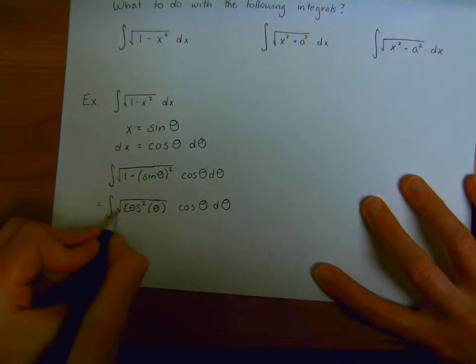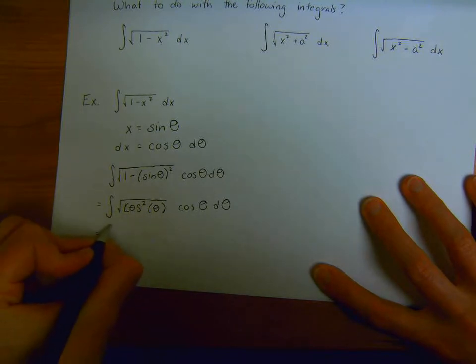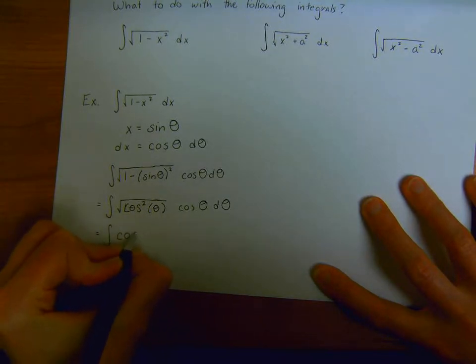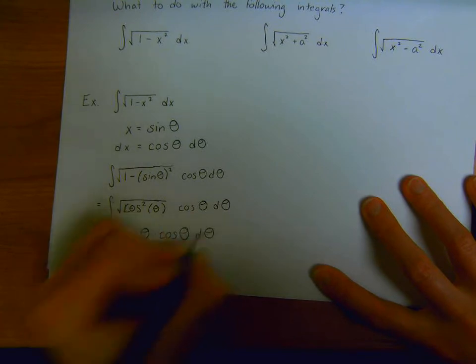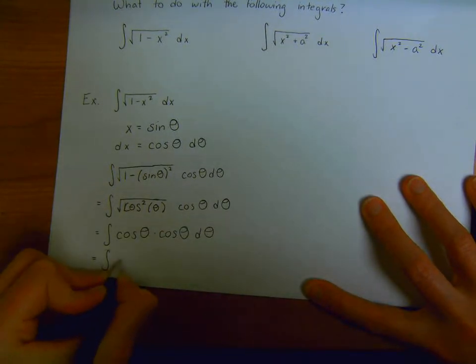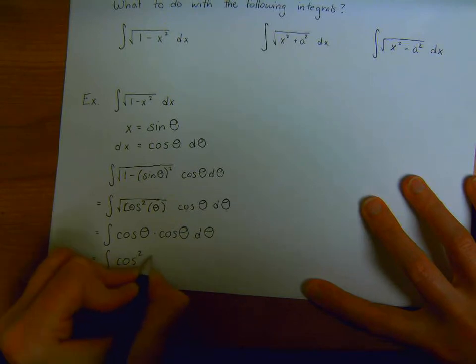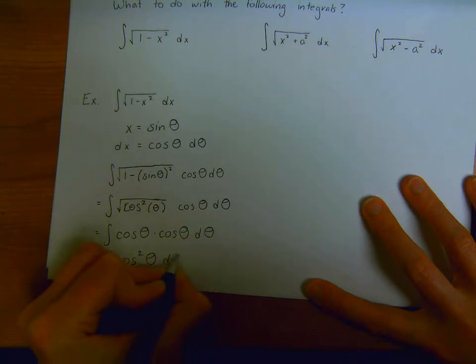And the square root of a square is just cosine, so I get the integral of cosine theta times cosine theta d theta, which is the integral of cosine squared theta d theta.